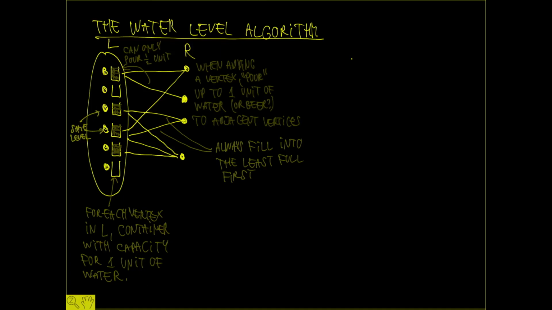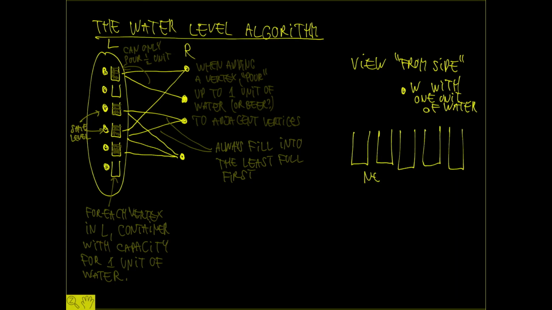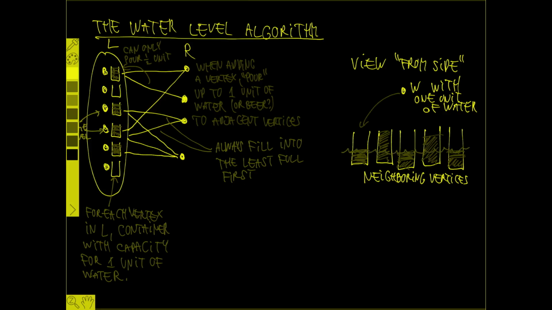It's instructive to also have a look at it from the side, so to speak. So if we think about a vertex W with 1 unit of water and look at all the neighboring vertices, when we start, they might have different levels of water in them. And now we're going to pour first in the empty neighbor. When it's as full as another neighbor, we start pouring in several at the same time. And at the end, all the neighbors that we have poured to are going to be at the same level. So this is the water level, so to speak.